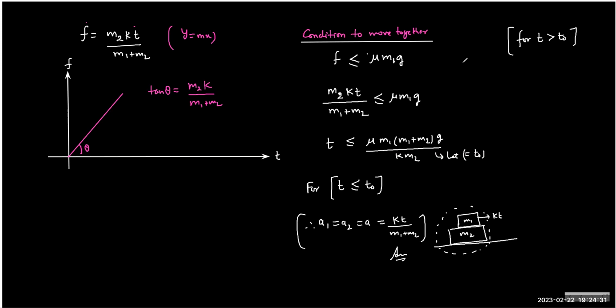But the good thing is, once the blocks start moving separately, the friction will be kinetic friction, whose formula is always known, mu into N. The friction force will change its nature from static to kinetic.